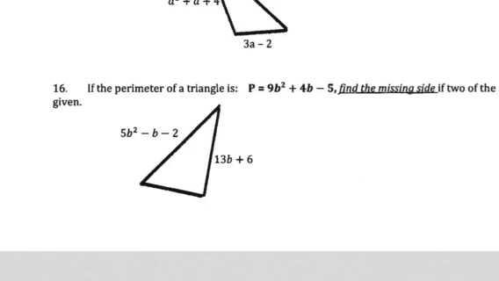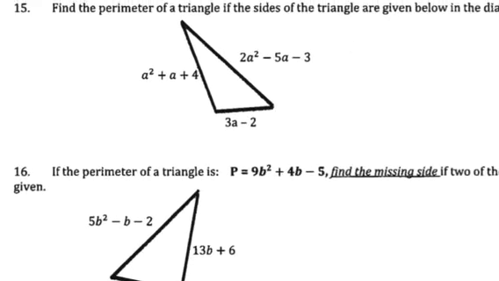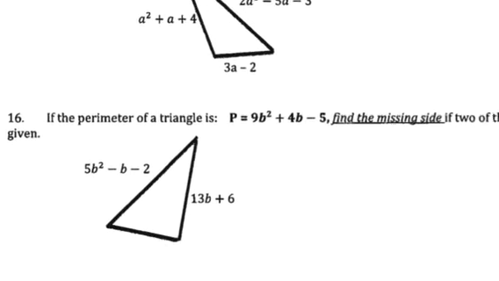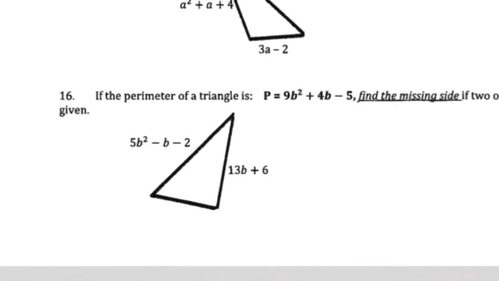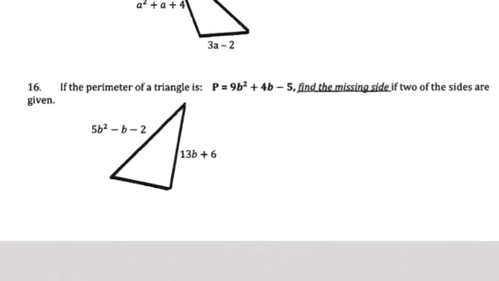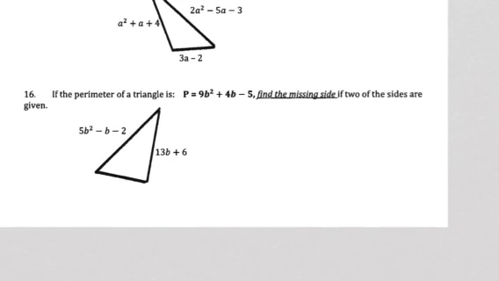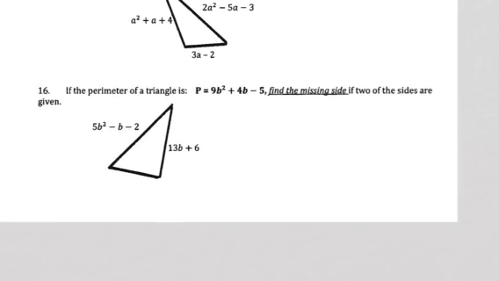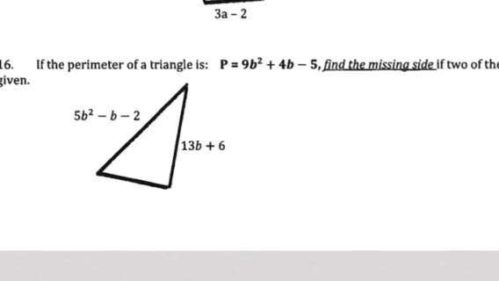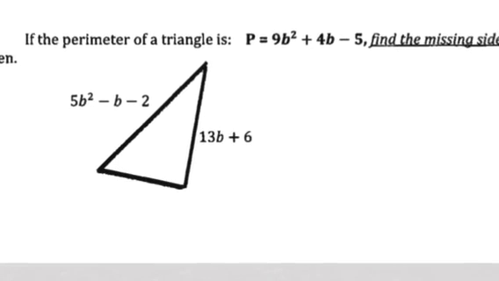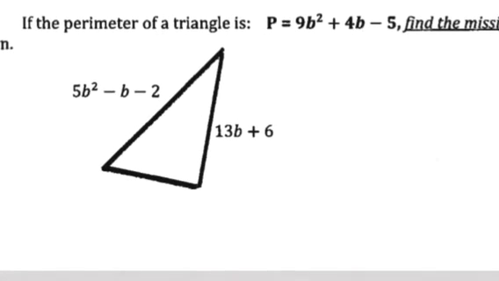Now I'm going to do one of these just so that we can see how this goes. If the perimeter of a triangle is 9b squared plus 4b minus 5, find the missing side if two of the sides are given. So very simply, what we're going to do is combine the two sides that are given and then subtract it from what we know. So that'll give us this third side.